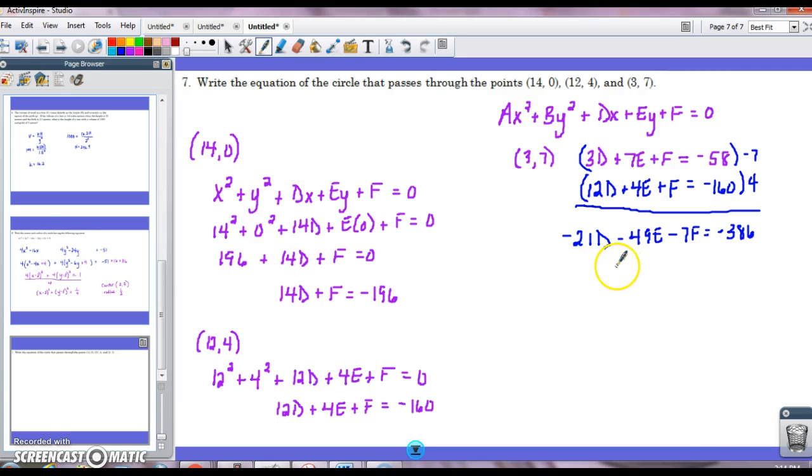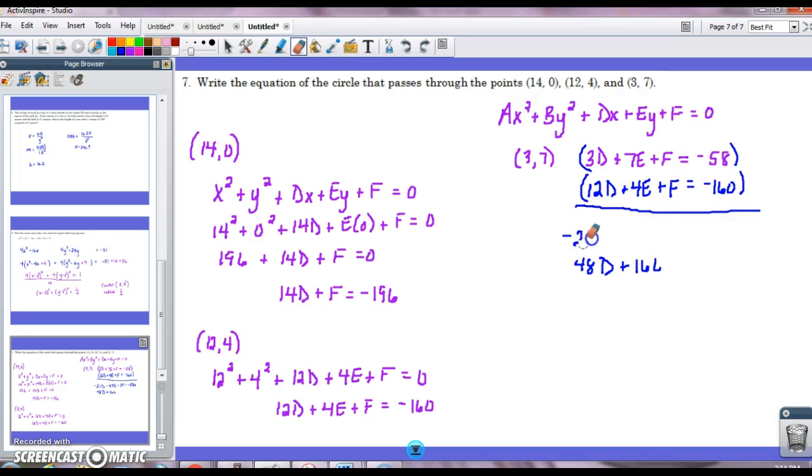And my bottom equation, I have 48d plus 16e. Oh, wait, I did that wrong. Folks, let me back up. I want to eliminate the e's. Sorry, guys, I did them in the wrong order. I'm trying to save time and do this fast so I don't run out of time in the video. This should be negative 4, and this should be 7.